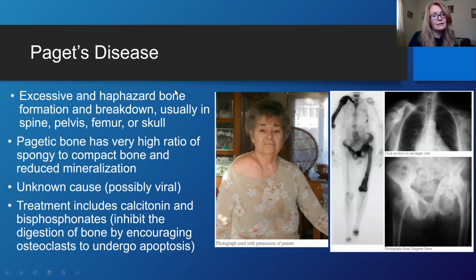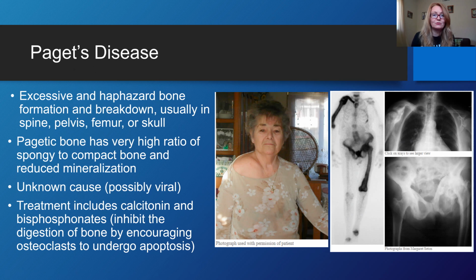And the last disease we're going to talk about in this lecture, of course, it's not the last disease of your skeletal system, just for this lecture, is Paget disease. When we have excessive and haphazard bone formation, you actually form more bone, but that bone is very fragile. It's mostly made of spongy bone.